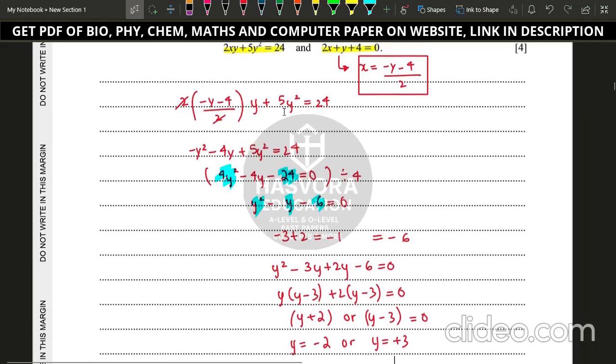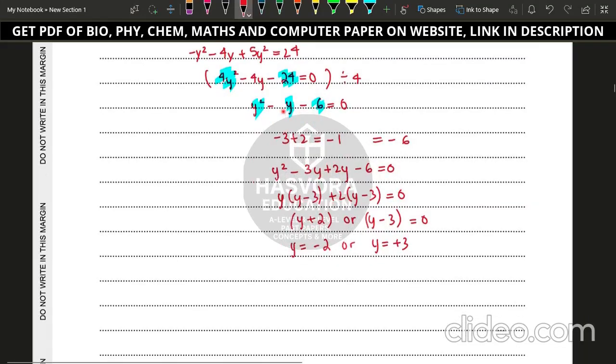So I'm going to be using the 2x plus y plus 4. So this was x equals minus y minus 4 divided by 2. So this becomes minus into minus 2 minus 4 divided by 2, and for the other one this is going to become minus 3 minus 4 divided by 2.